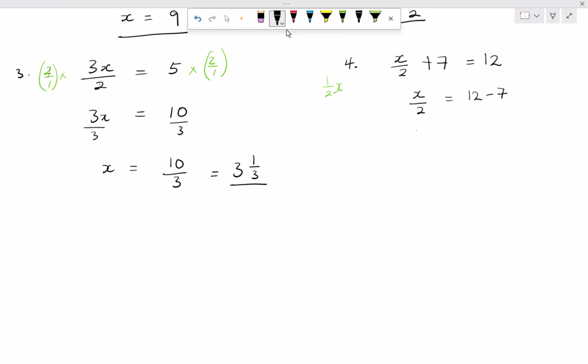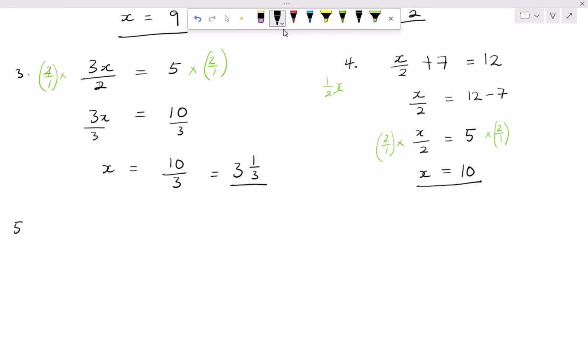Okay, so 12 minus 7 gives us 5. Right, so now since we have a fraction, remember, we're going to multiply both sides by 2 over 1, multiply the other side by 2 over 1 as well. So the 2 and the 2 will cancel each other, and we're left with x is equal to 5 times 2 gives us 10. That is our answer.